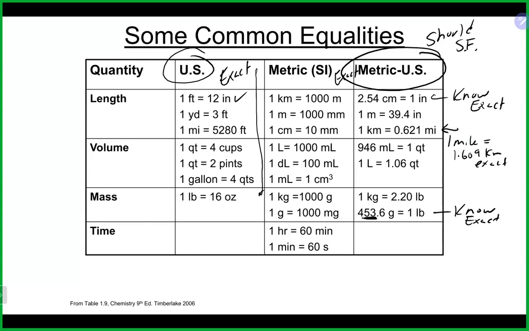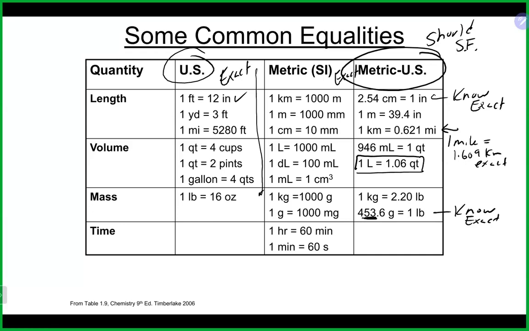So in terms of metric to English conversions that are exact conversions, we'll consider those 3 as exact conversions. And again, if you come across those in a calculation, you don't have to worry about it. For example, if we were using this one here, this is an English to metric conversion.